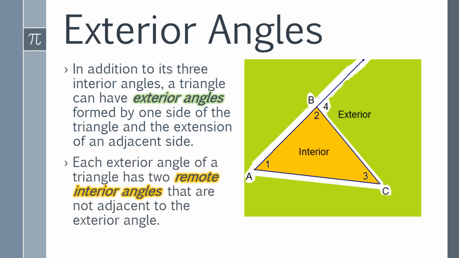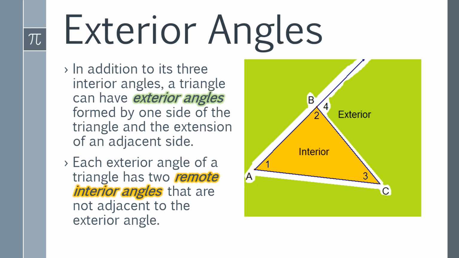Okay, now, the exterior angle has 2 remote interior angles. What does that mean? It's just the 2 angles in the triangle that are not next to the angle. So you can see angle 2 and angle 4 are right next to each other. So what this means is that angle 1 and angle 3 are the remote interior angles.